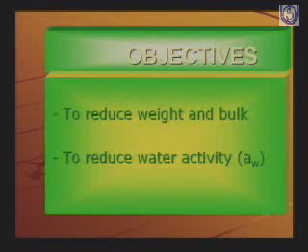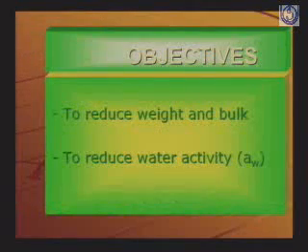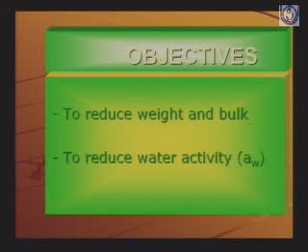What are the objectives of drying? Drying and dehydration have two objectives. One is to reduce the weight and bulk. In the case of drying, fresh fruits and vegetables contain a very high amount of water, that's why we call them highly perishable.